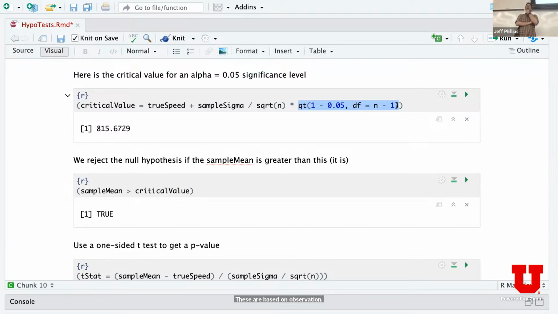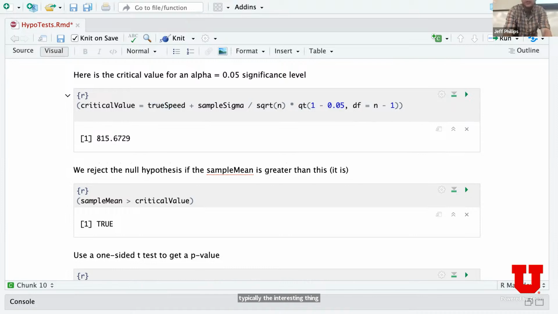Whereas the Rn value would have instead had, in the middle, the sample mean. Typically the interesting thing to do, let's say instead I did the Ln. This is a similar thing.